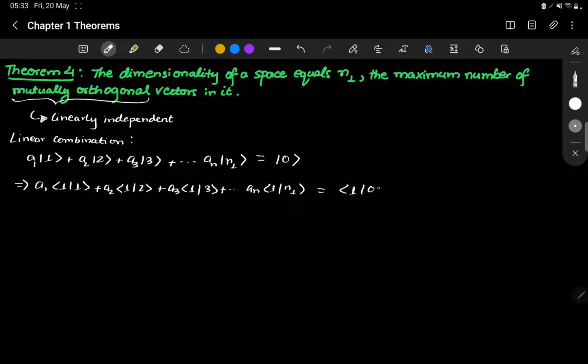Now clearly the right hand side is going to be equal to 0. Dot product with the null vector will always give us 0.